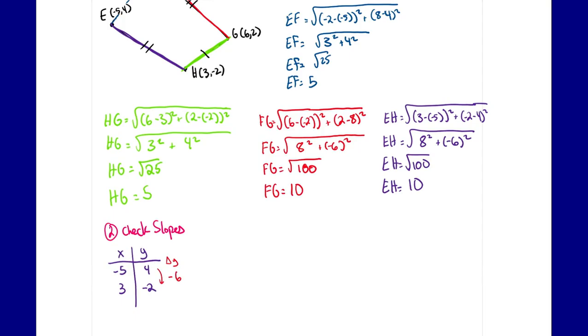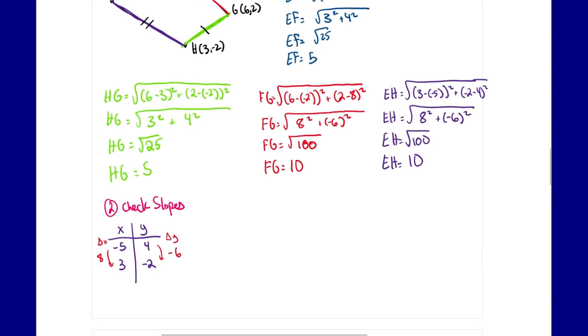That is a negative change of -6. We have change in X from -5 to 3. That is a change of 8. So then the slope of EH is equal to -6 over 8, or we could say -3 over 4.